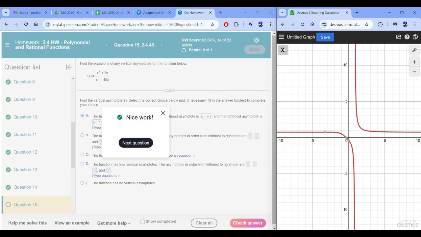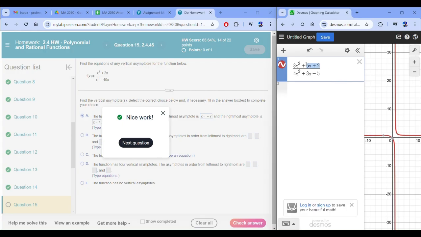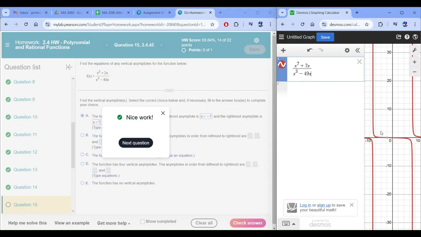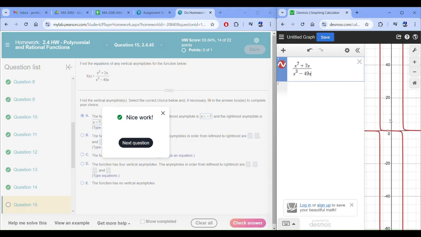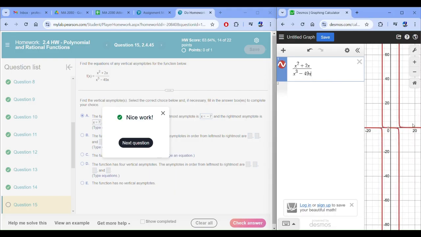There we go. So just in case you are struggling with how I'm getting these answers rather quickly, if you just look at this x squared plus 2x, and then compare it to our bottom function, which is x to the third minus 49x, it shows you that even when I zoom out, these are vertical asymptotes, one right there, one right there.